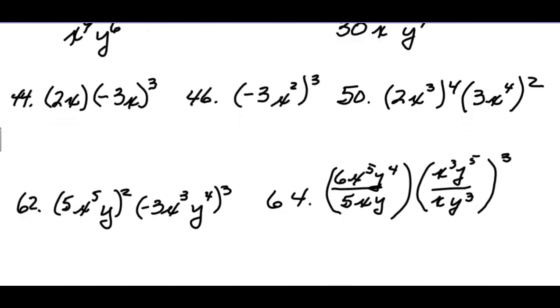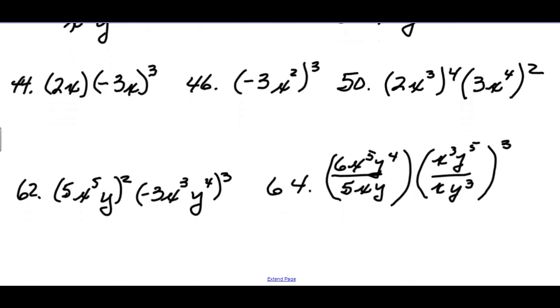So far, that's been pretty simple. Now let's take a look at a few more. They're a little more complex. Looking at number 44, we have 2x times the quantity minus 3x, that whole quantity squared. All right, so this still becomes 2x.